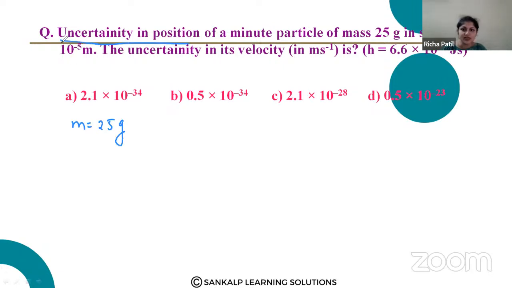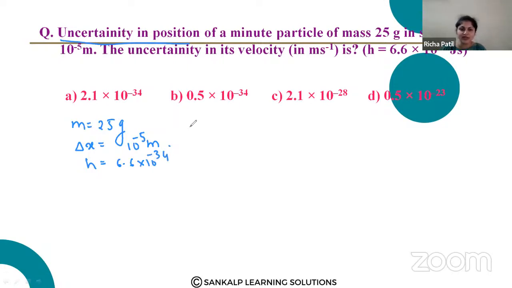Uncertainty in position is given. Delta x is equal to 10 raised to minus 5 meter. Then Planck constant, you know, 6.6 into 10 raised to minus 34.